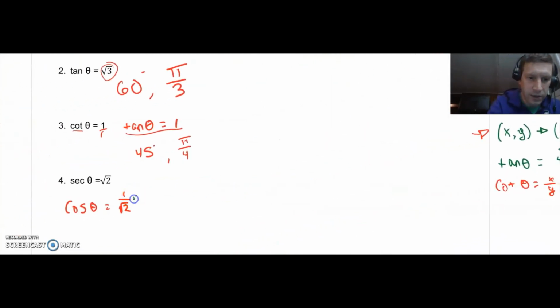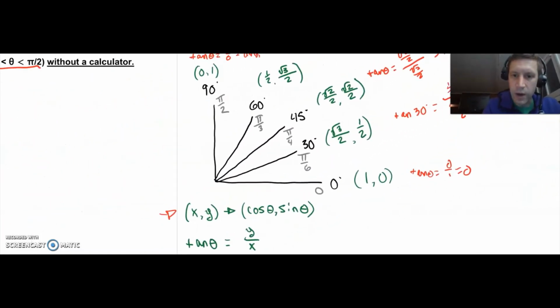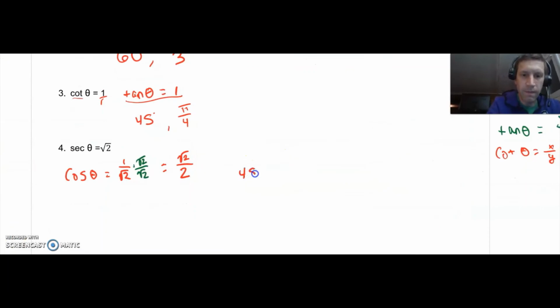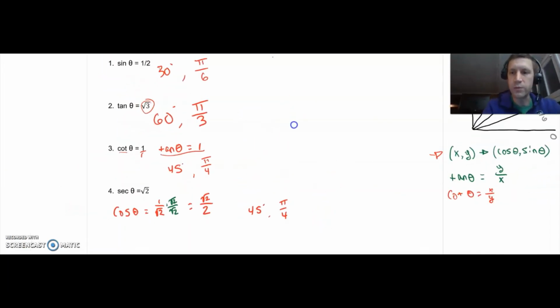Okay, so let's rationalize, which is going to give me root 2 over 2. Okay, that's a little easier. Cosine represents my x value. Where's my x value? Root 2 over 2. I see it right there at 45 degrees. Pi over 4.